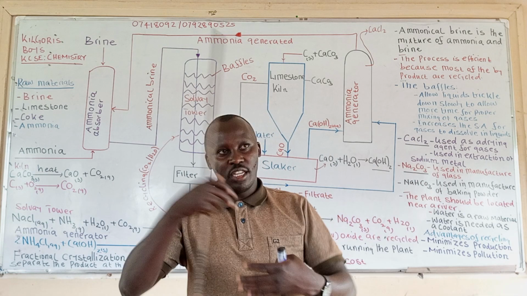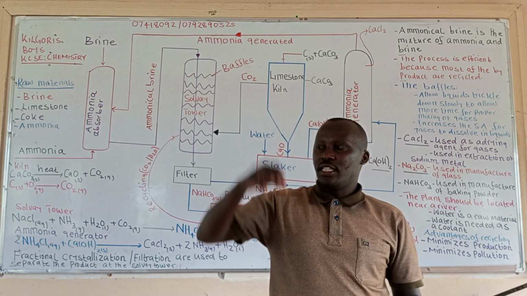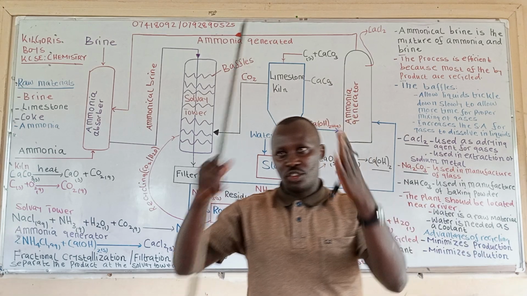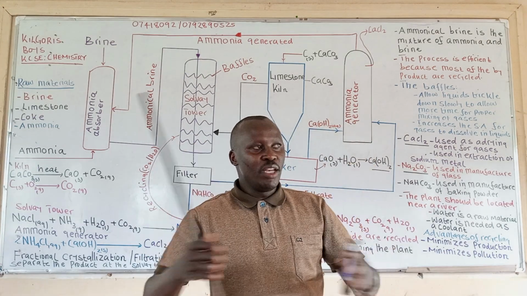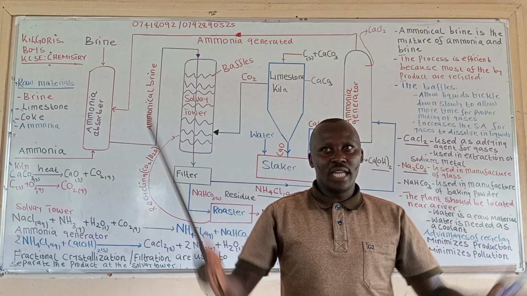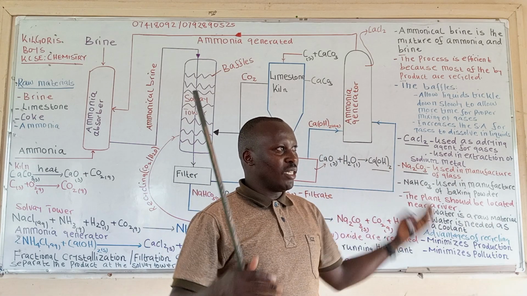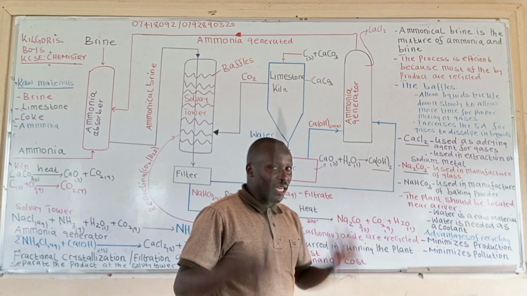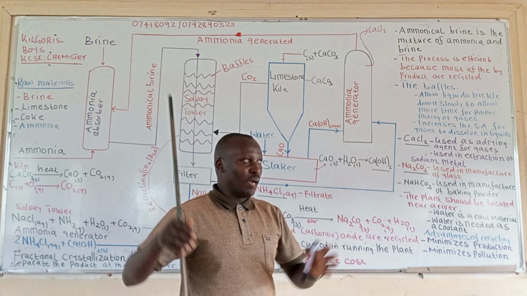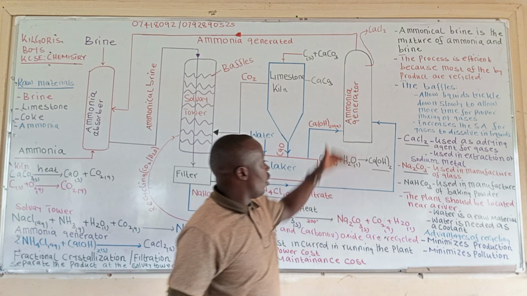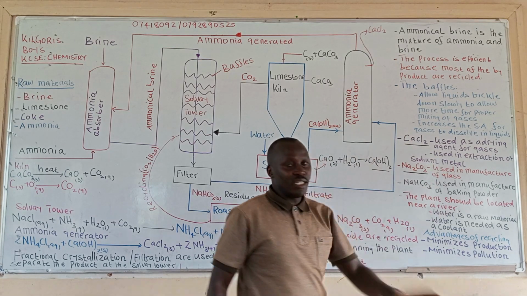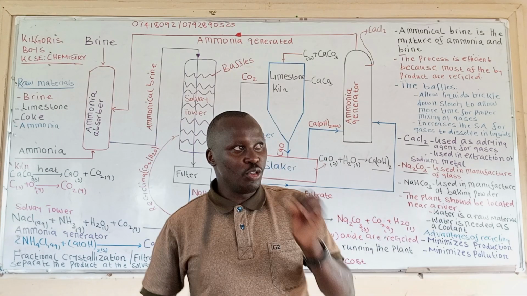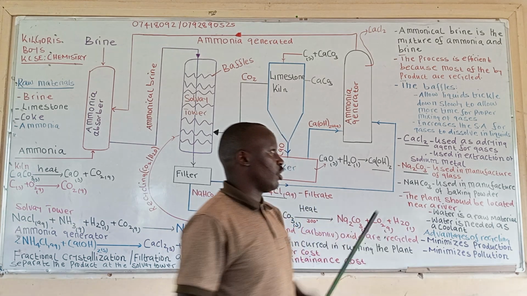Remember in Form 4, during the extraction of metals, we have the extraction of sodium. Extraction of sodium requires a very high temperature. So to lower the melting point, calcium chloride is normally added to lower the melting point of the sodium metal. So there are normally two main uses: it is used as a drying agent, and it can also be used in the extraction of sodium.